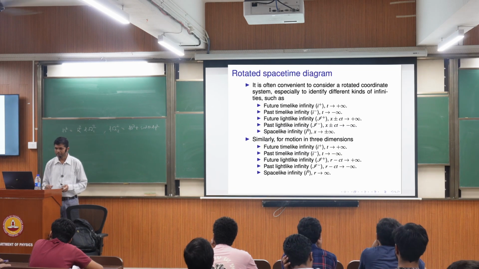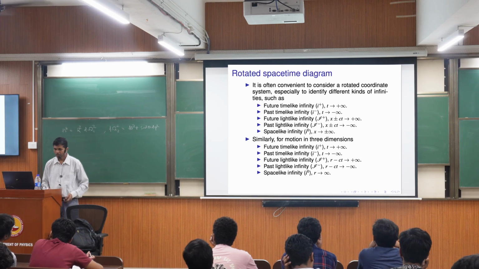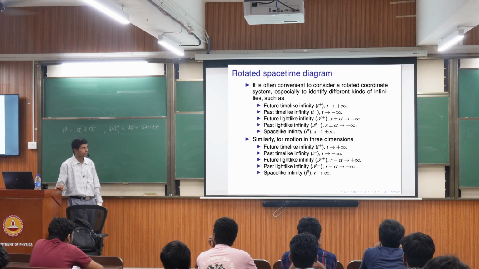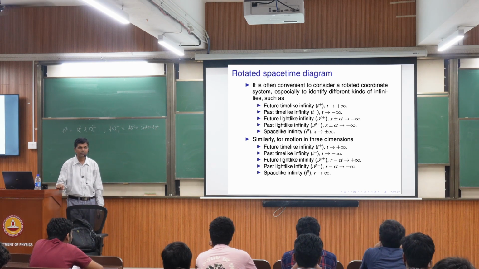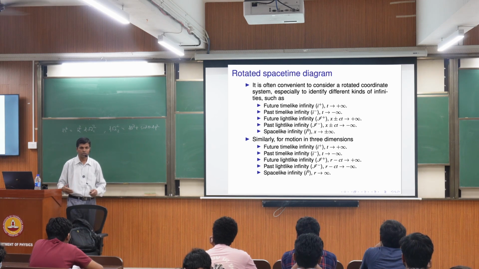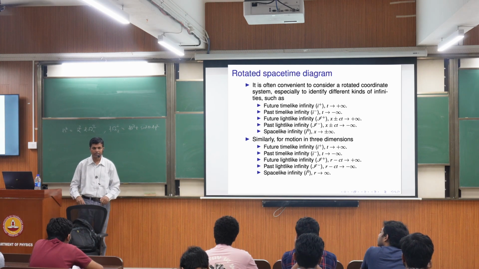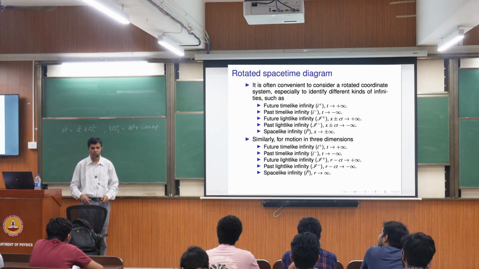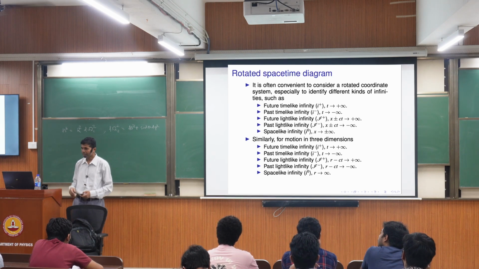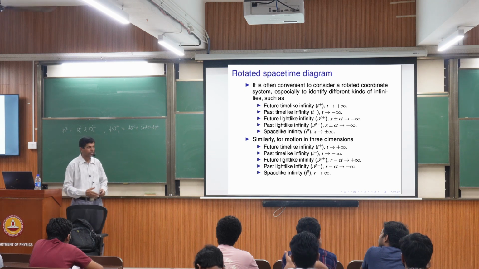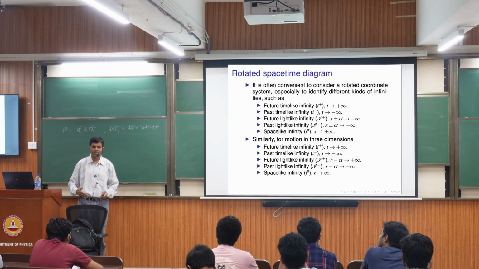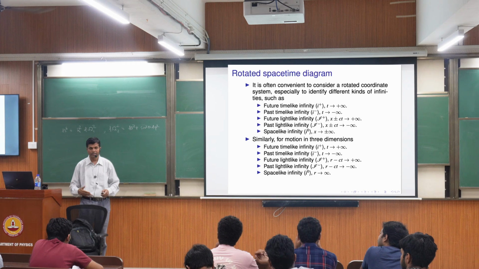And also, when one discusses the causal structure of space-time, which basically means the propagation of various particles, world lines of physical objects, how light travels, and so on, then you should also know about the behavior at large distances and at large time.